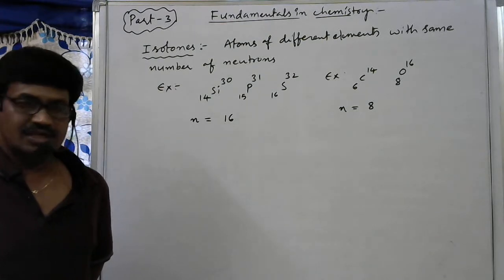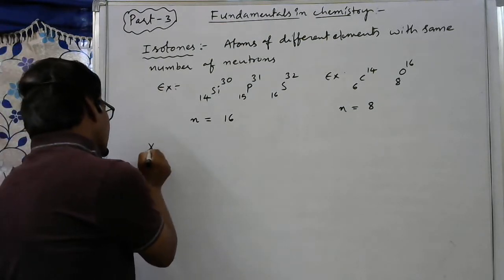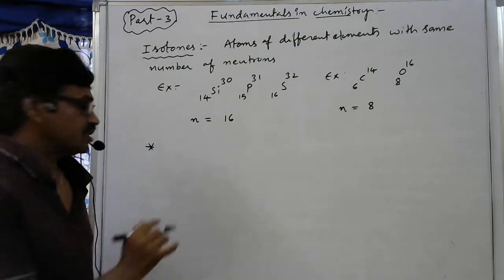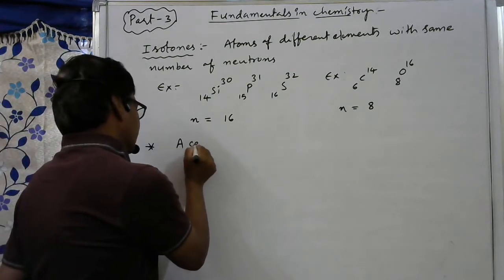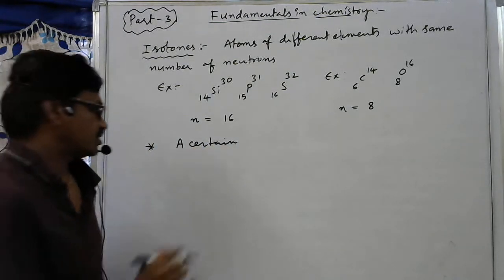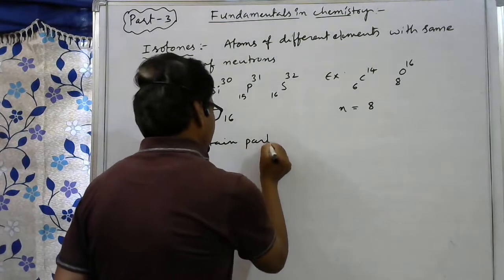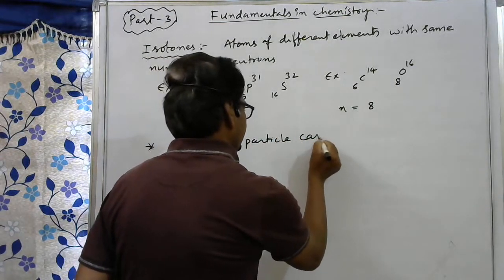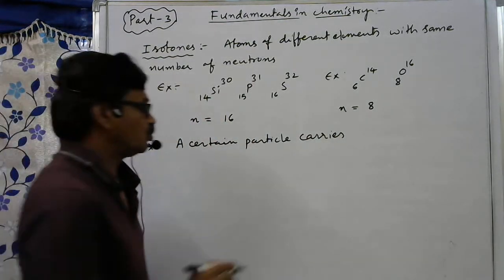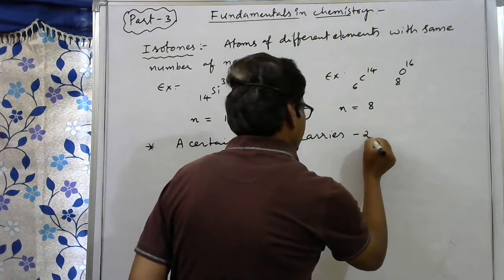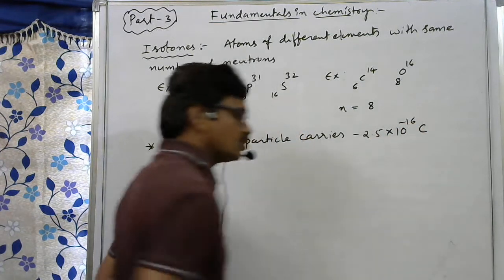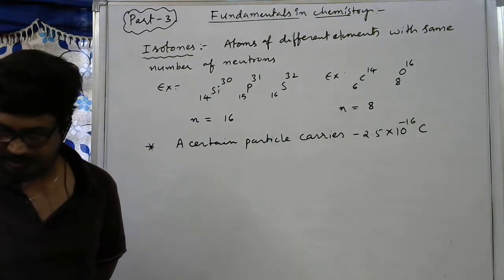Then here I'll give one question with respect to charge. A certain particle carries minus 2.5 into 10 power minus 16 C, that is coulombs, of charge.